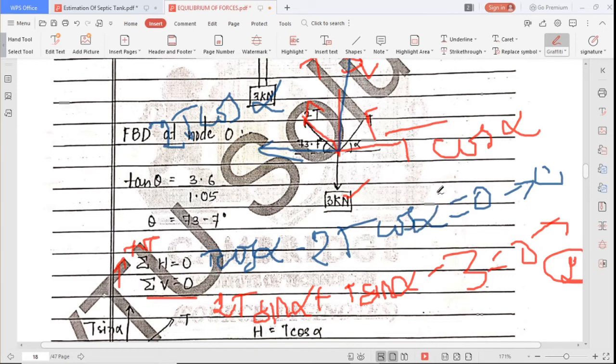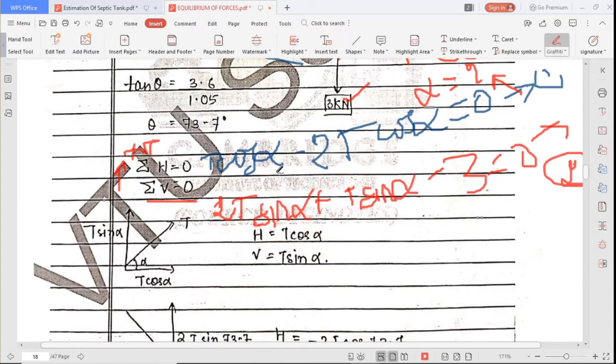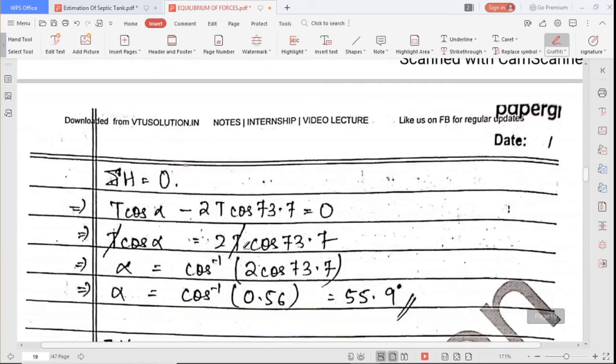Here we can find the alpha value by equation number 1. T cos alpha is equal to, this will go to that side, 2T cos 73.7. So T cancels, so alpha is equal to cos inverse of 2 cos 73.7.